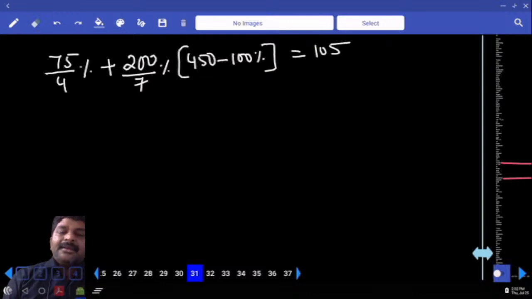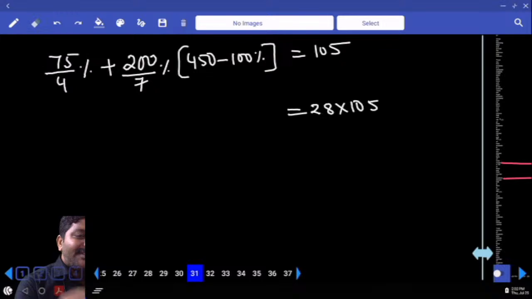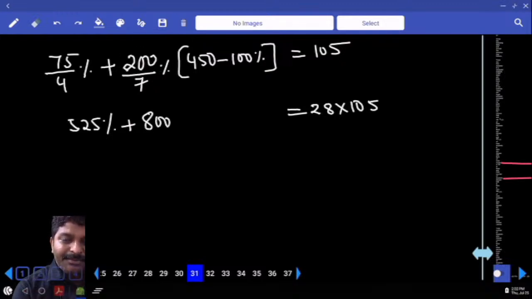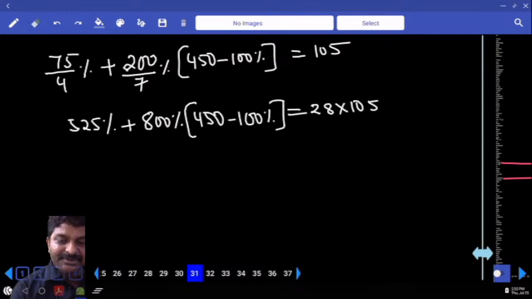105. LCM for denominators is 28. Take 28 to the right hand side, it becomes 28 into 105. 4 how many times? 7 times. 7 into 75 is 525 percentage, plus 7 how many times? 4 into this number, 200 is 800 percentage of 450 minus 100%. 800% meaning 8 times only.